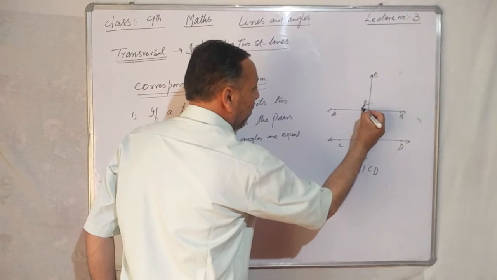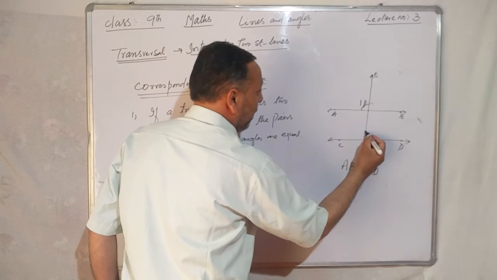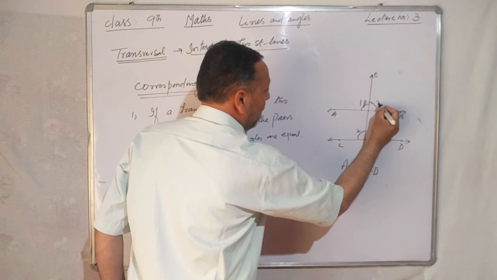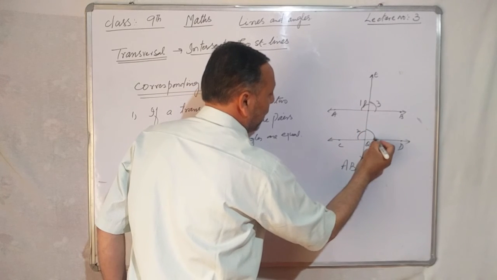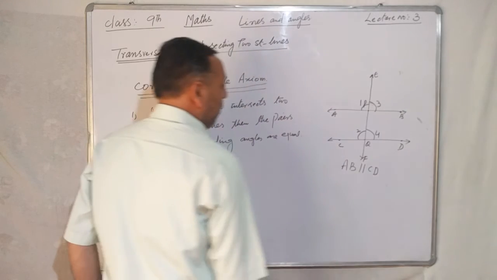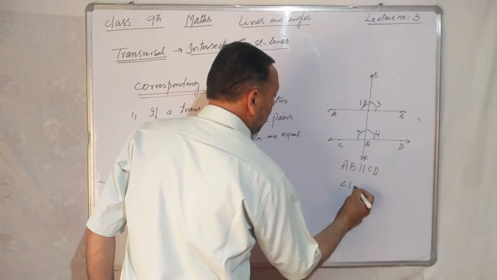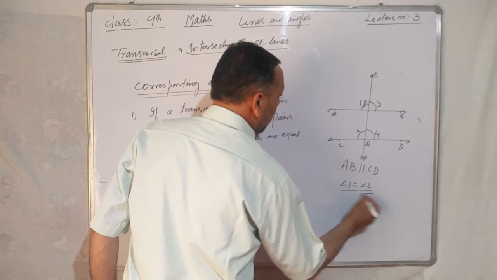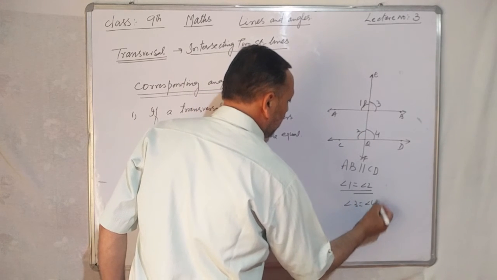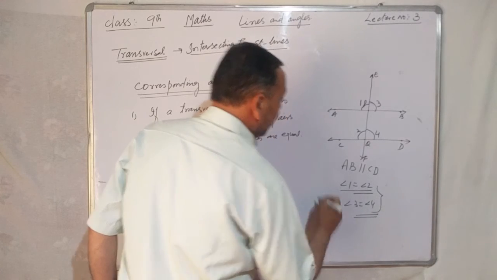That means angle 1 will be equal to angle 2, and angle 3 will be equal to angle 4. These are pairs of corresponding angles. This is called the corresponding angle axiom.